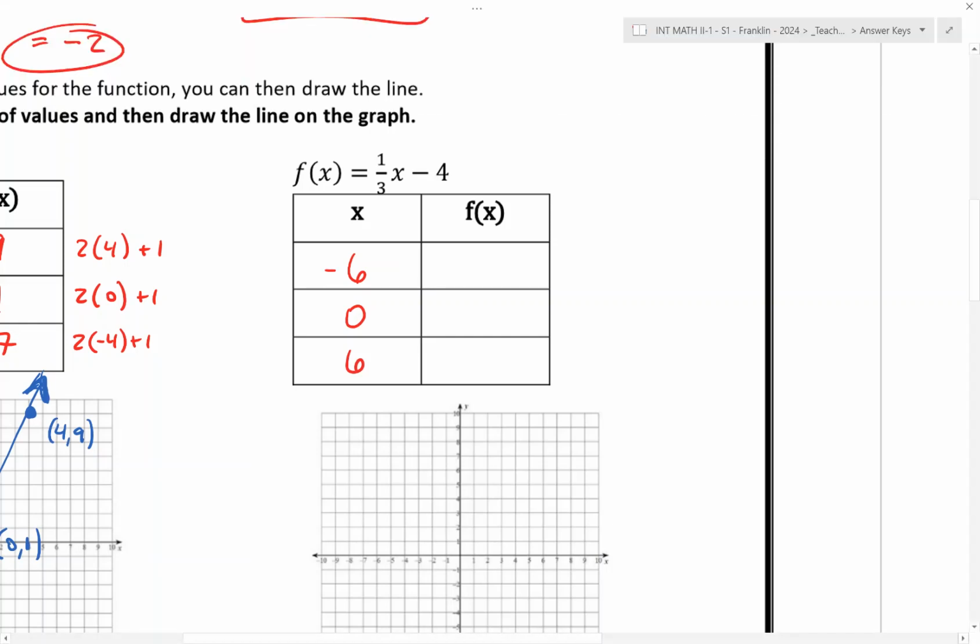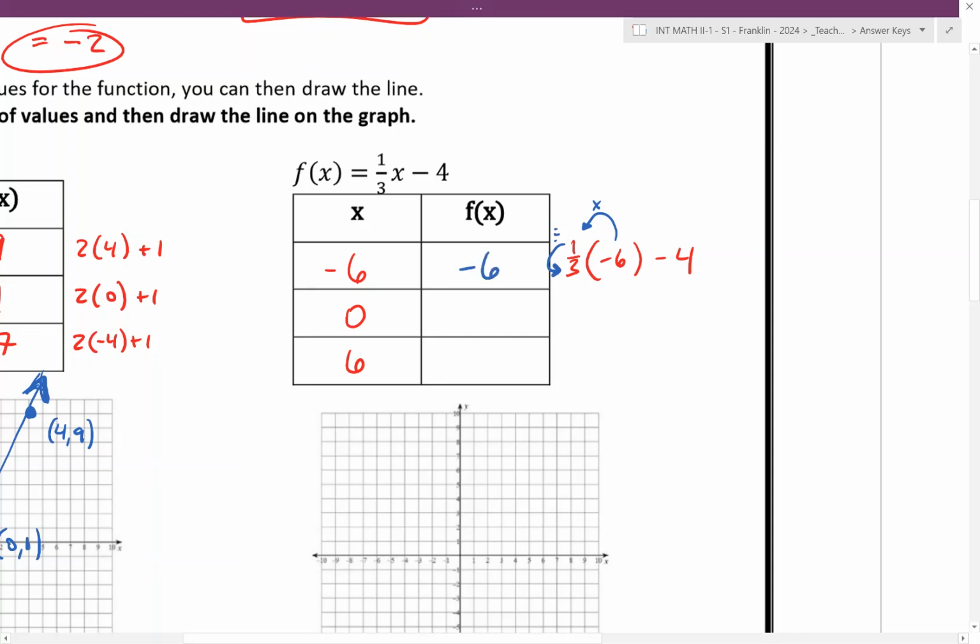We're going to do 1/3 times -6 minus 4. So now again, we're multiplying by a fraction, so we have to take that number, multiply it by the top, which is just 1 here, and then divide by the bottom. And that's why we want numbers that are divisible by 3, because then it will divide evenly. So -6 times 1 is -6, divided by 3 is -2, and -2 minus 4 is -6.